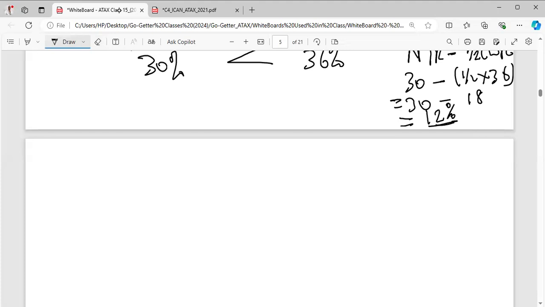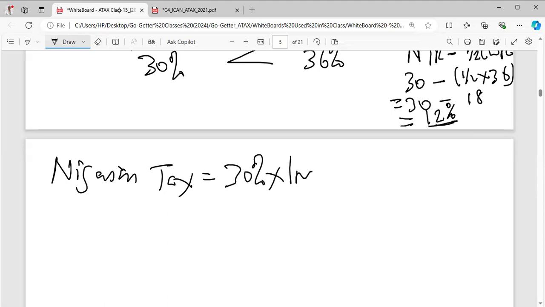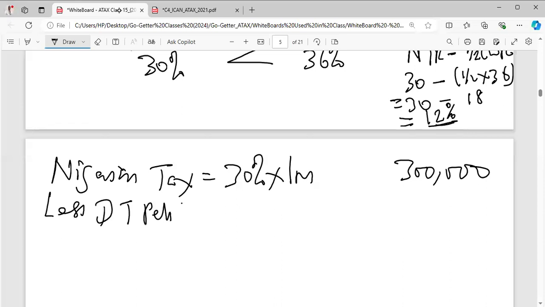Okay, so Nigerian tax will be 30% of 1M, which is 300,000, less DT relief, which is now 12% of 1M, which is 120,000.